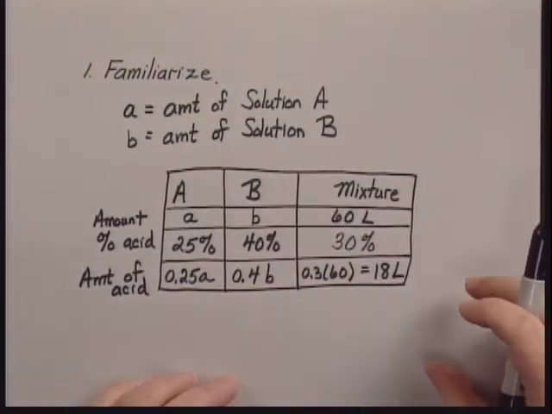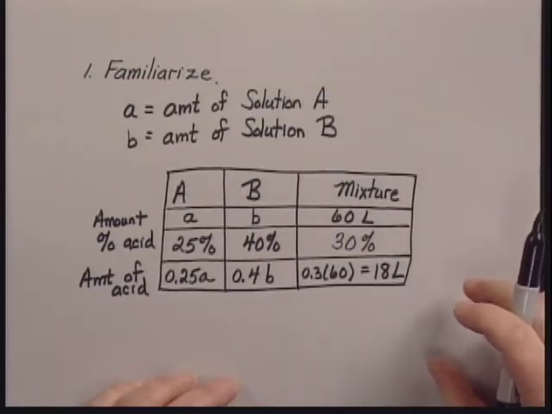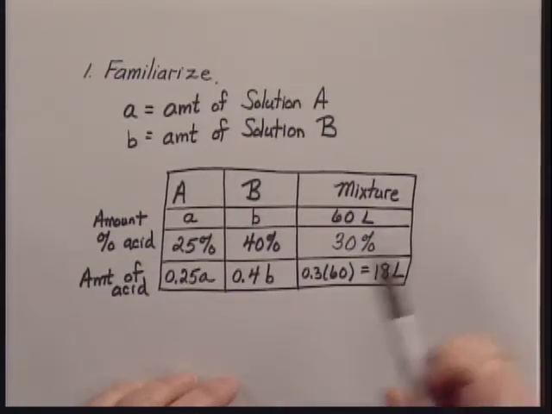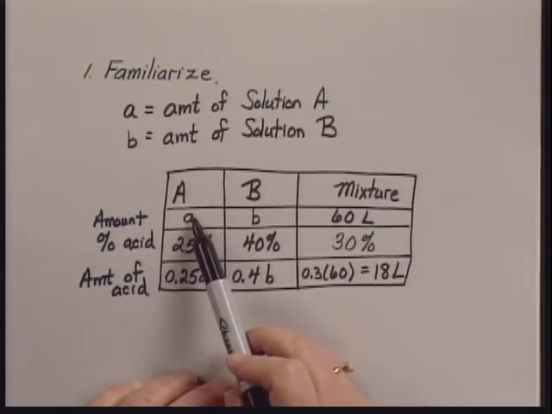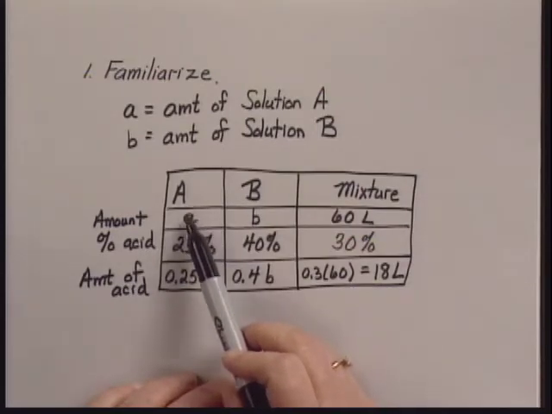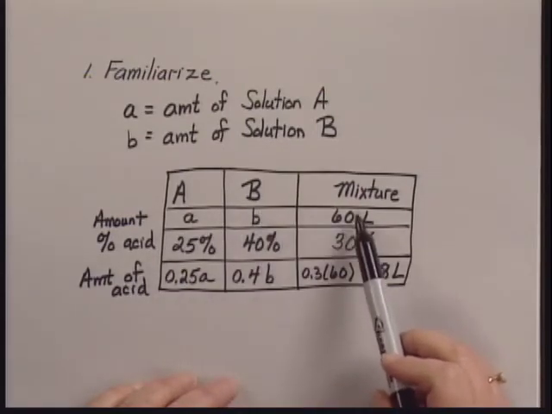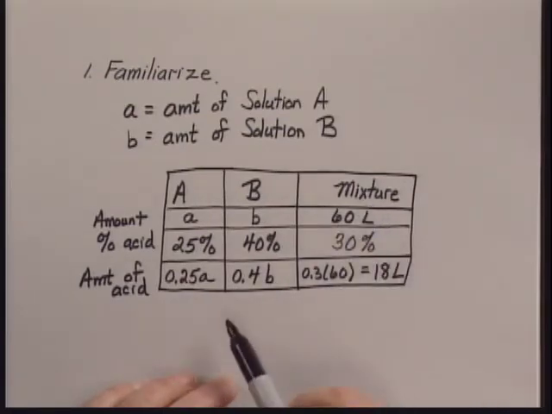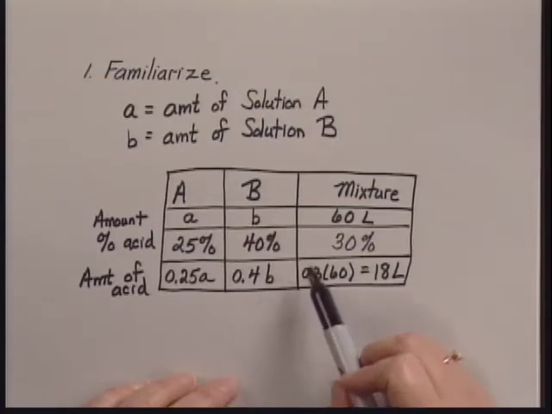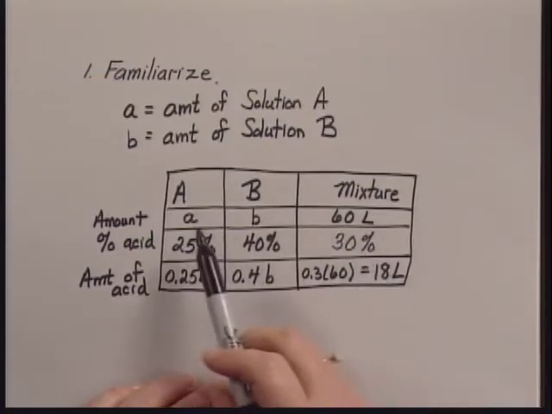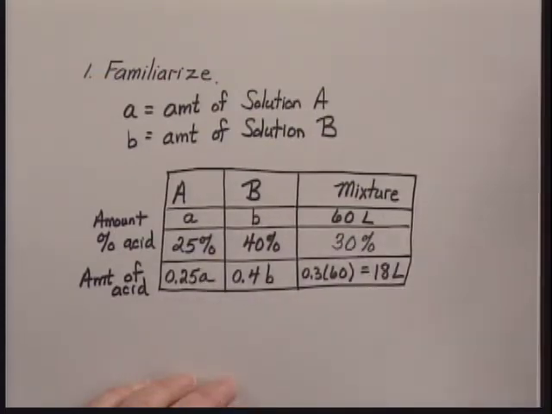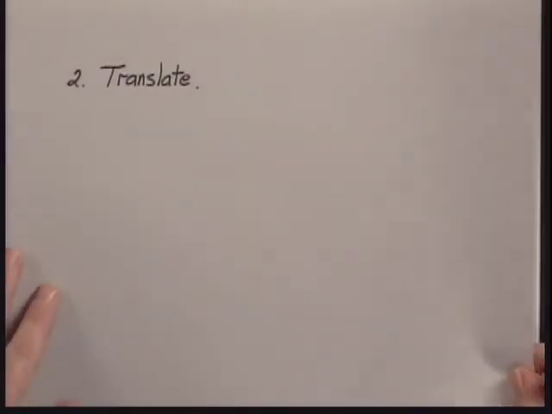Now, if you can fill in this table, the equations read directly from this table. The amount of the solution, A plus B, has to add to 60. The amount of acid in A plus the amount of acid in B has to equal the amount of acid in the mixture. These two rows will give us the translation of our problem into mathematical language.